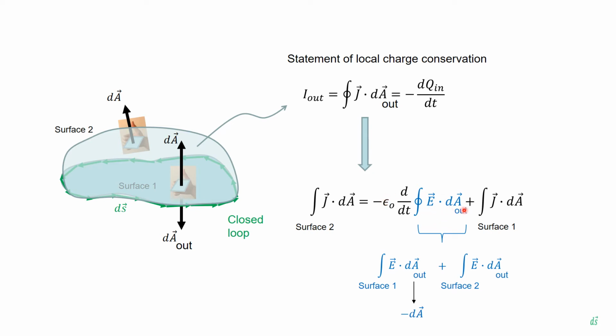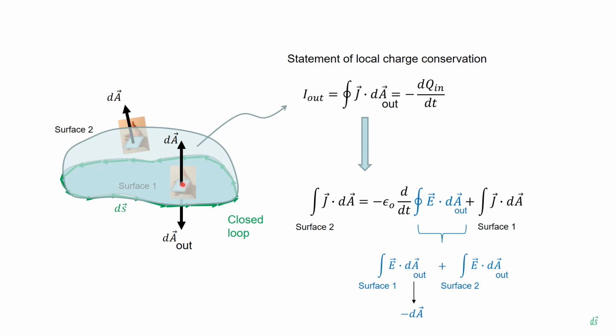Now look at integration of E dot dA through the closed surface. Again, when we talk about a closed surface, the area vectors have to point from inside to outside. But we can always write integration of E dot dA through the closed surface as an integration over surface number 1 plus an integration through surface number 2, such that the dA vectors are pointing from inside to outside. And we can do the same trick we did before for surface number 1 specifically, because we want the right-hand rule to give us the direction of the area vector to be this way, not outwards.